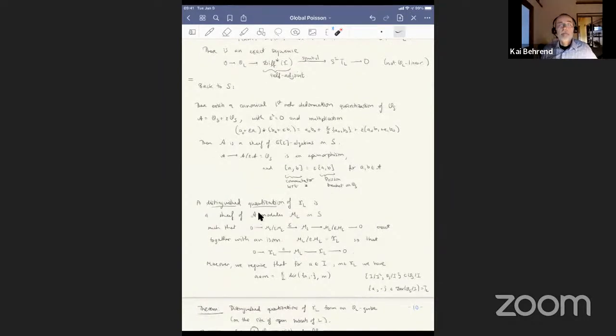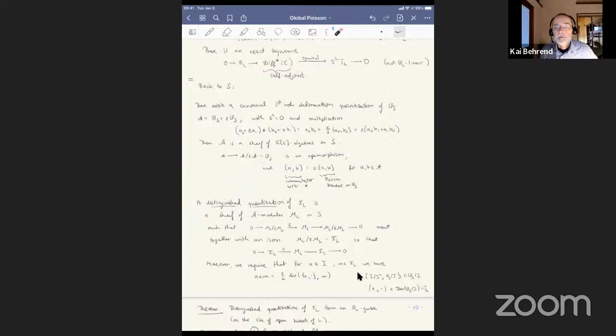And I'm going to single out certain kinds of quantizations called distinguished quantization. It's easier because they satisfy this equation here that A star M, if A is actually in the ideal I, so the ideal inside OS of functions that vanish on L, right?